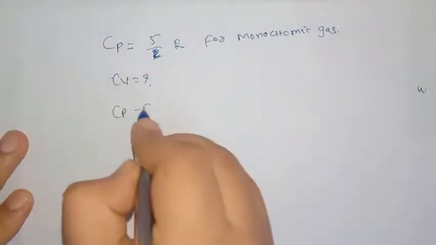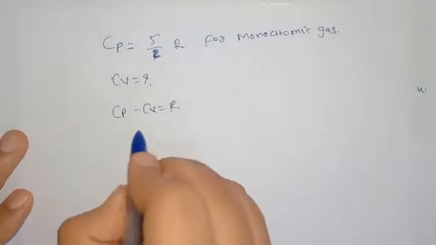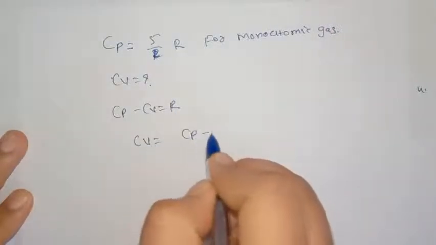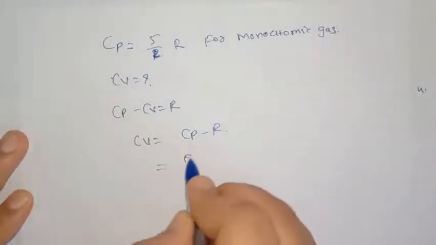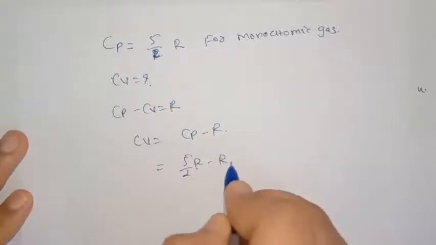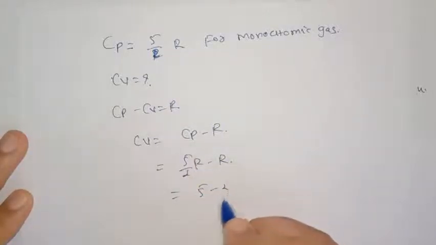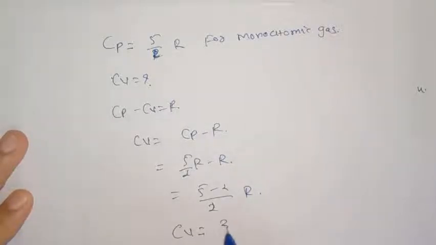We know that Cp minus Cv is equal to R, so we can write Cv is equal to Cp minus R. So 5 by 2 R minus R. So 5 minus 2 divided by 2 into R. So Cv will be equal to 3 by 2 R.